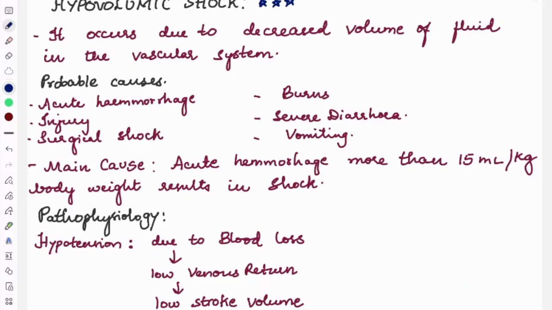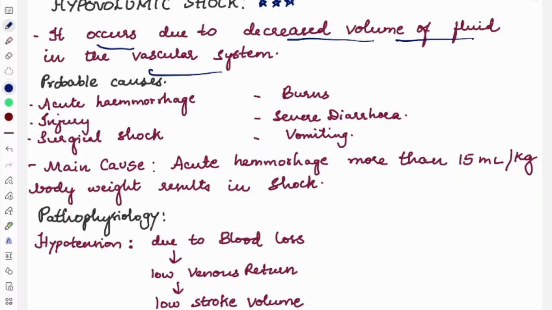The name itself suggests that there is decreased body volume, decreased body fluids, decreased blood volume in the body. It occurs due to decreased volume of fluid in the vascular system, as I've already said, and that leads to shock. That is what we call hypovolemic shock.